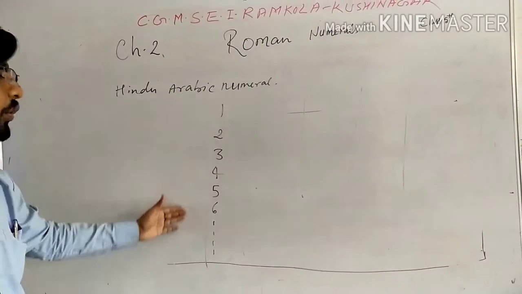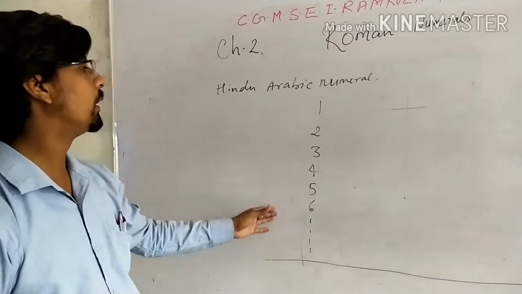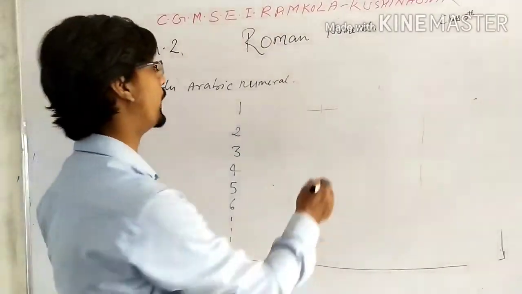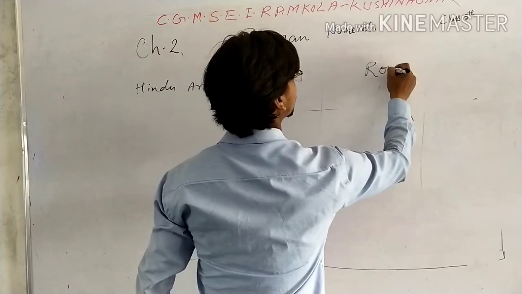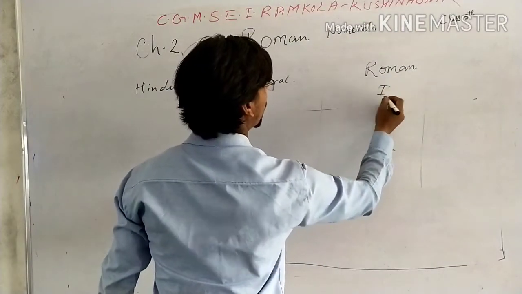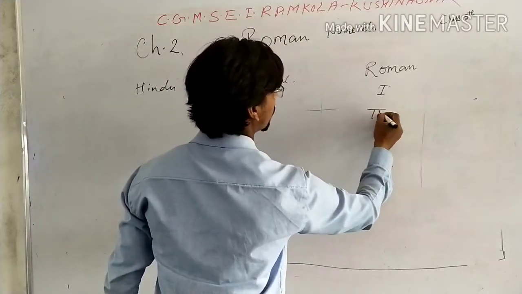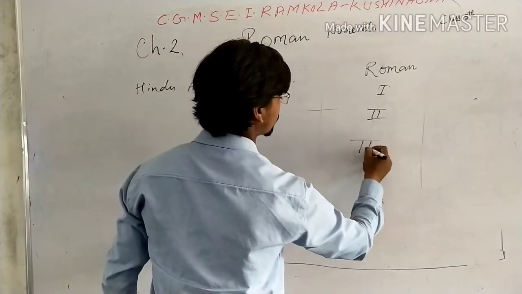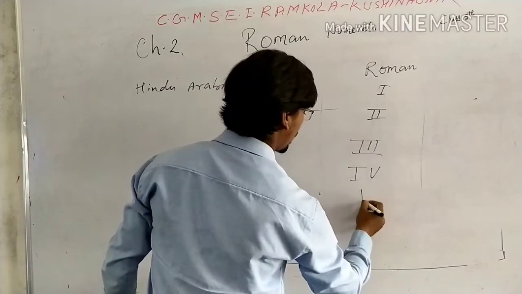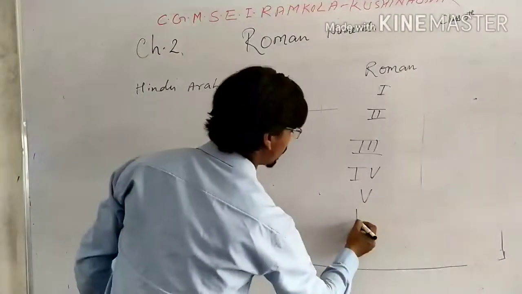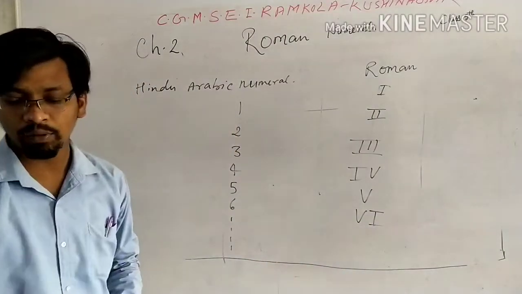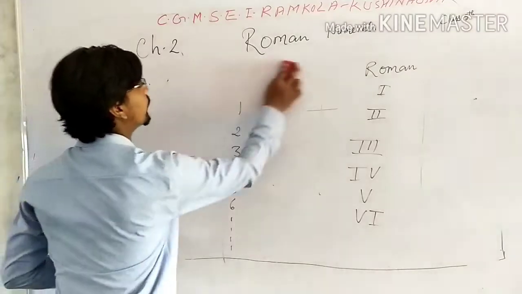Now we convert them to Roman: 1, 2, 3, 4, 5, 6 and so on.